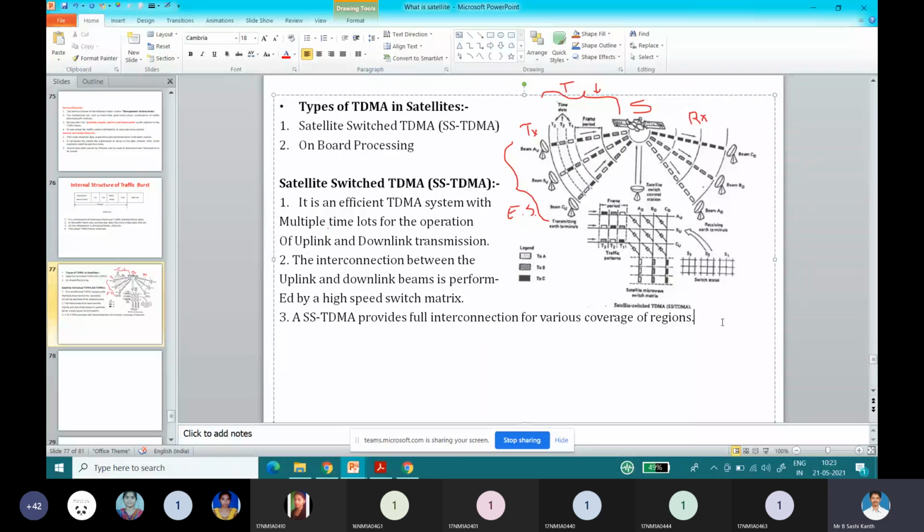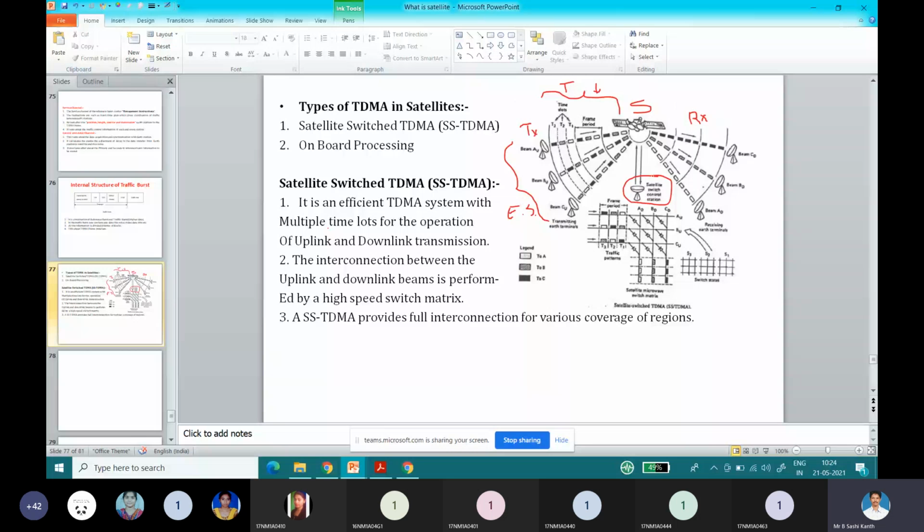So this is what is shown clearly. At the center you have a satellite switch control station, as shown in the figure. The satellite switch control station is nothing but an earth station on the ground.